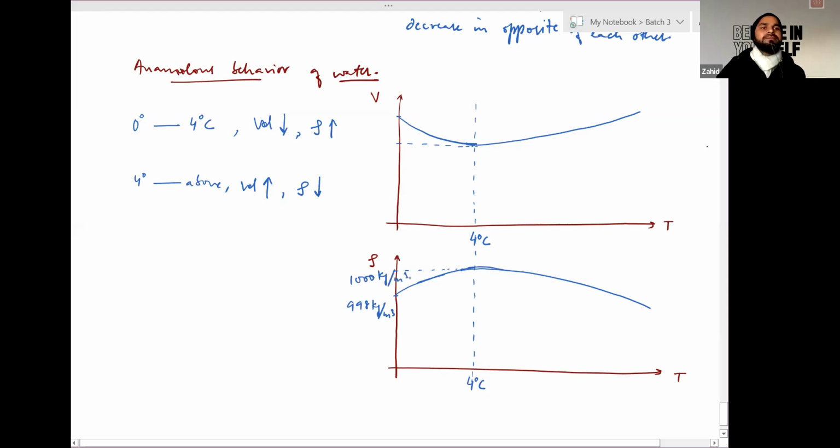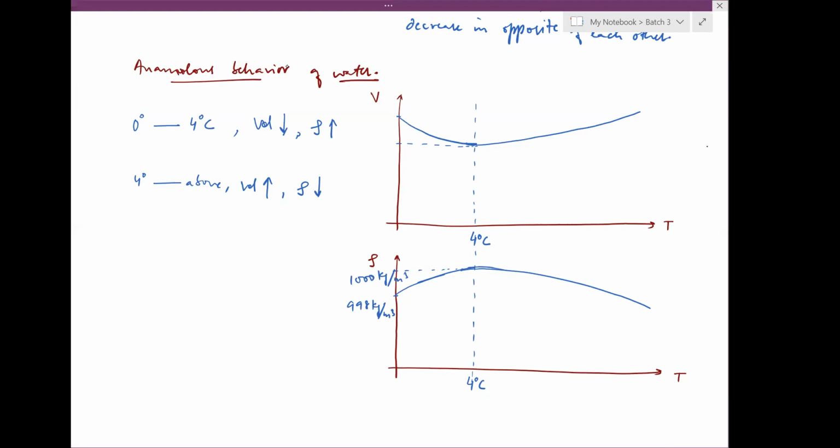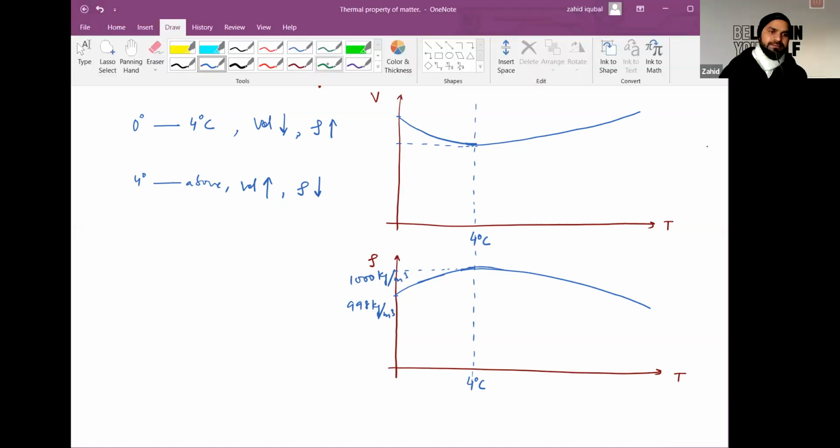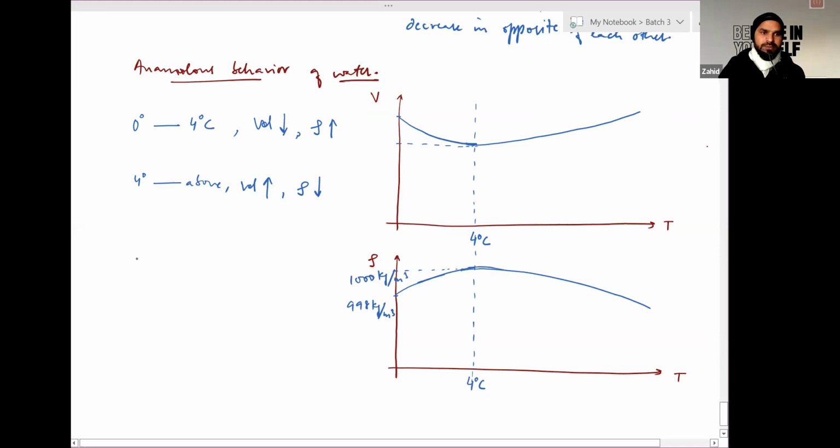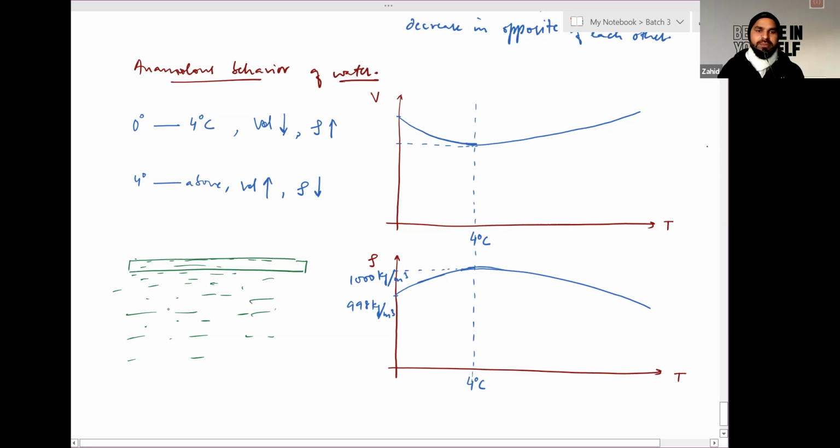Is it clear? Yes. Due to this behavior, in an ocean or river there will be formation of ice on the surface of water at 0 degrees Celsius, but below it, the temperature of water will be above 0, 1 degree, 2 degrees, 3 degrees, or 4 degrees Celsius, which has more density as compared to ice.